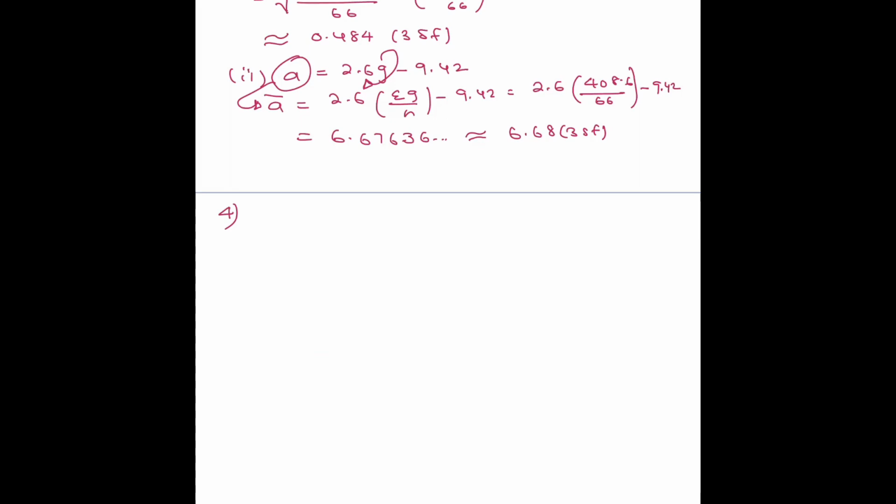Number 4, find the mean and median of the numbers given: 2, 8, 6, 5, 4 and so on. Hence write down without further working the mode, mean, median of the numbers next given. Alright, let me write the numbers: 2, 8, 6, 5, 4, 5, 6, 3, 6, 4, 9, 1, 5, 6, 5.